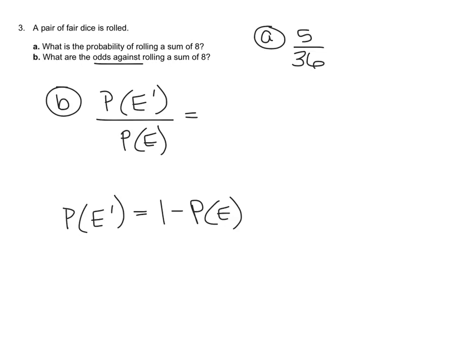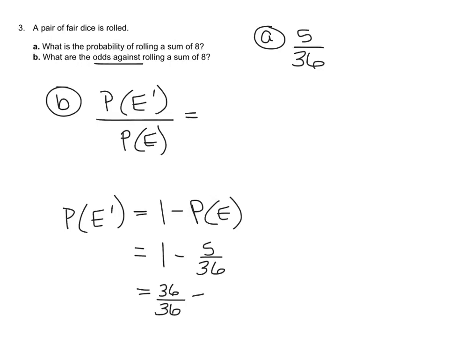So I want to find the complement of rolling a sum of 8. So this would be 1 minus the probability of rolling a sum of 8, which is just 5 over 36. And then to subtract fractions, I have to have a common denominator, but the number 1 can be written as 36 over 36.